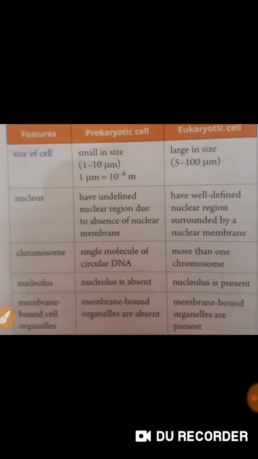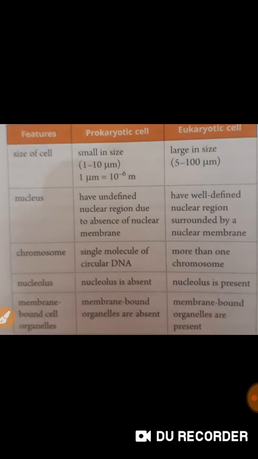They have a nucleoid, and they have ribosomes. As we know, ribosomes are membraneless, so they are present in prokaryotic cells, but other cell organelles are completely absent. I hope I am clear.